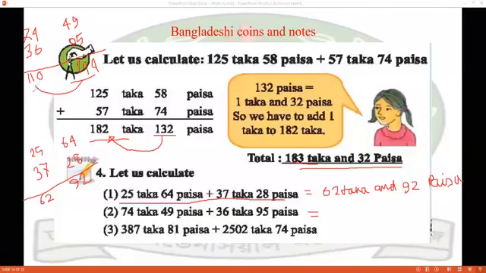Adding it up, it will be 111 taka, and there remain 44 paisa. So we can write here 111 taka and 44 paisa.